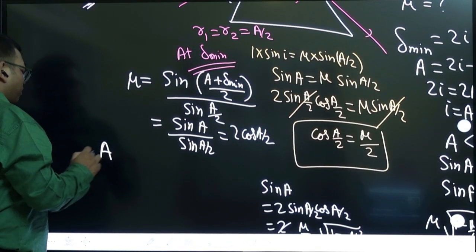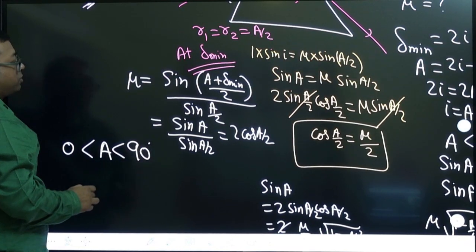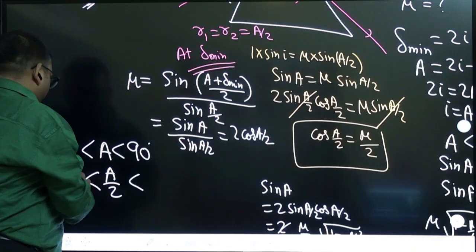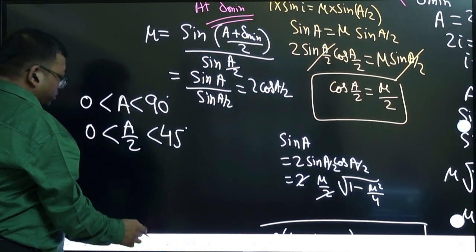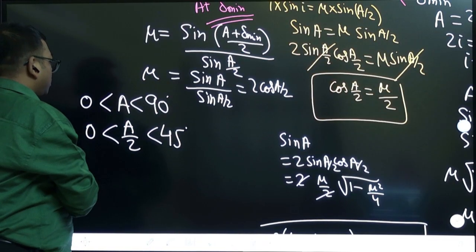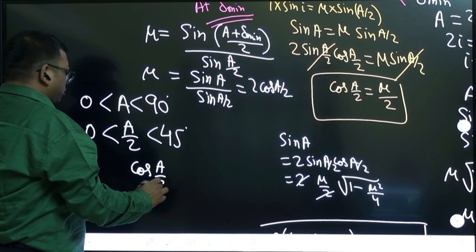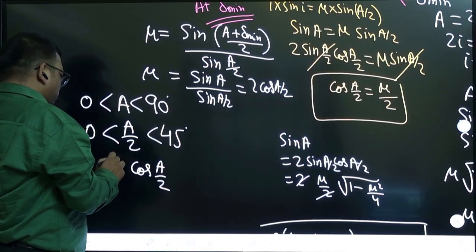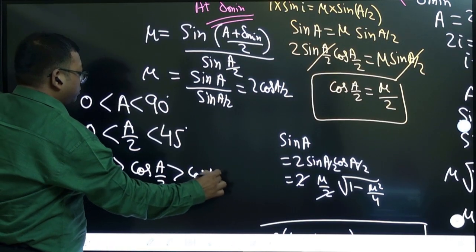So the condition of A will be between 0 and 90 degrees. If I take this, then A by 2 will be between 0 and 45 degrees. Then if I take cos, because I have got mu as 2 times cos A by 2, cos 0 is higher, so cos of this will be between cos 0 and cos 45 degrees.